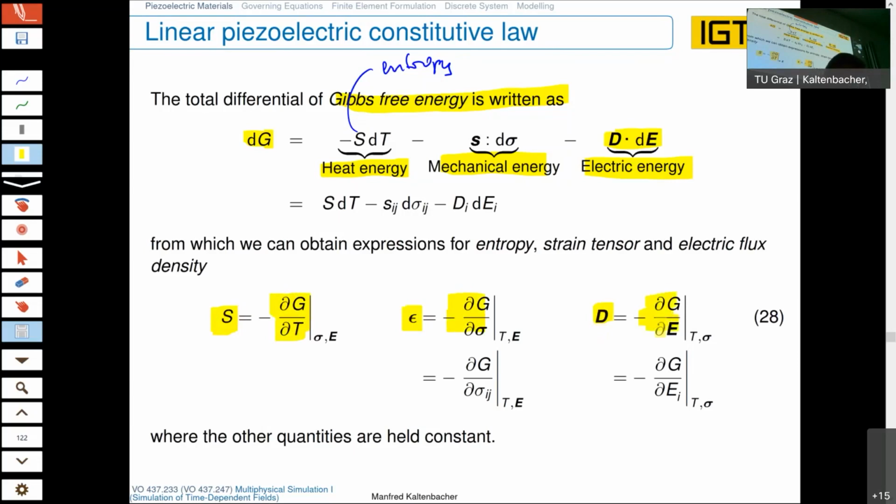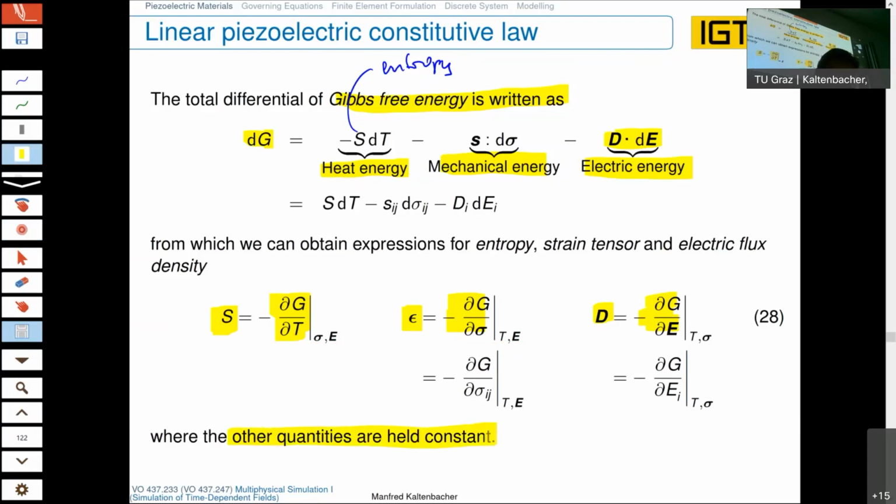And you see that you always have some symbols as an index. That means you compute this at constant mechanical stress and electric field, or constant temperature and electric field, and so on. So as written here, the other quantities are held constant.